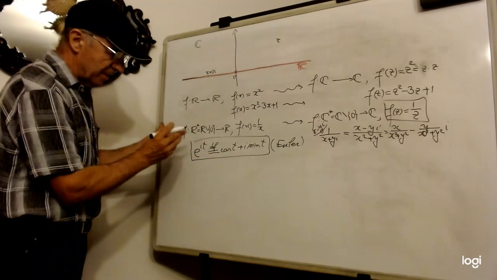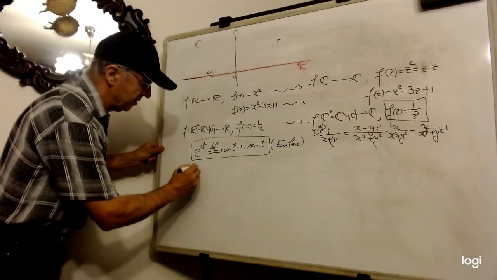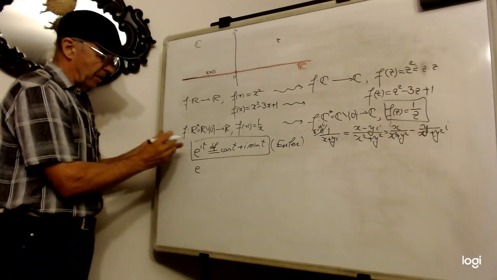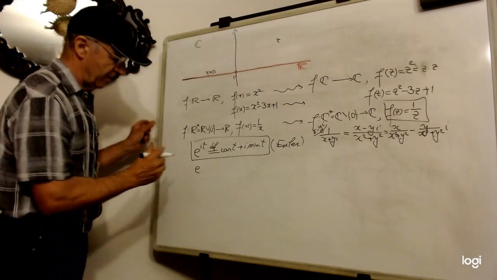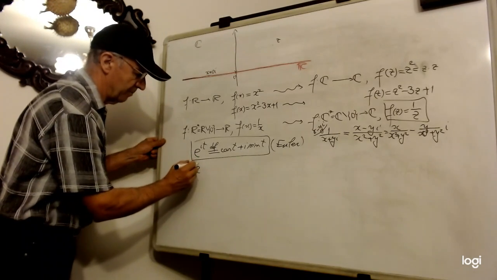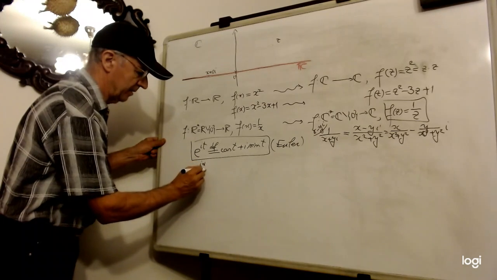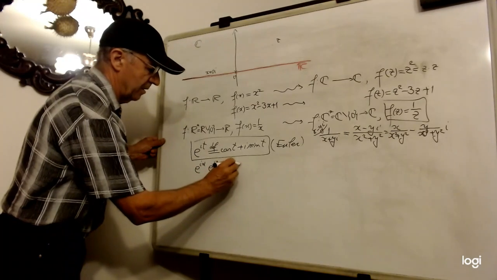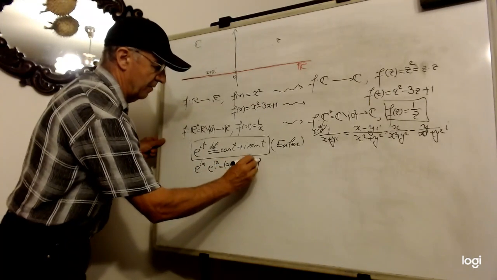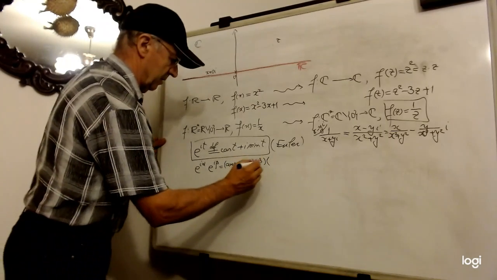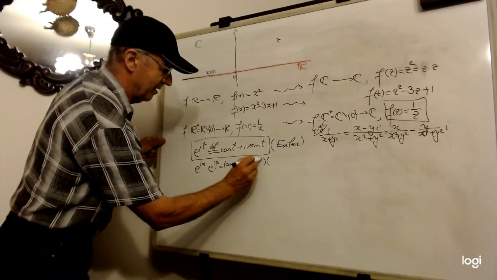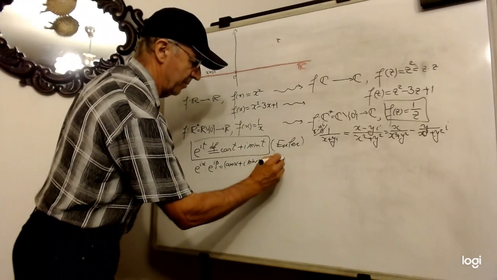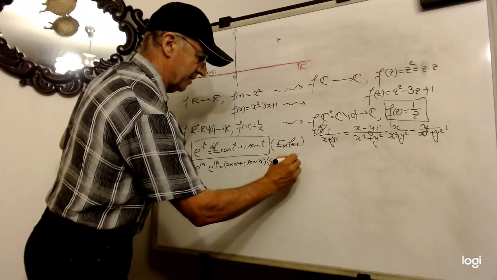With this definition, we have the usual property of the multiplication of two powers having the same base. For example, exponential i alpha times exponential i beta is (cosine of alpha plus i sine of alpha) times (cosine of beta plus i sine of beta).